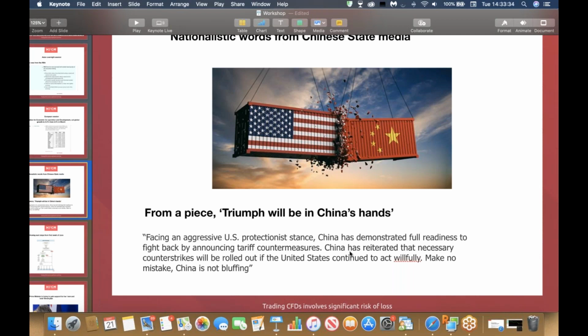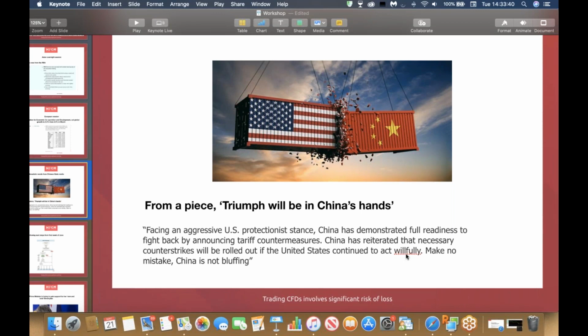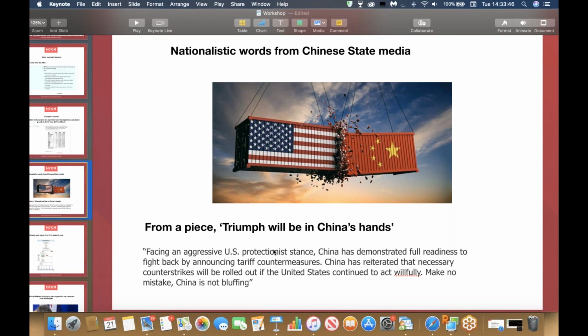China has reiterated that necessary counterstrikes will be rolled out if the United States continues to act willfully. Make no mistake, China is not bluffing. So what we're seeing now is China really digging in for retaliation and for standing up to the US trade tariffs. So just bear in mind, I'm expecting this to get worse before it gets better.